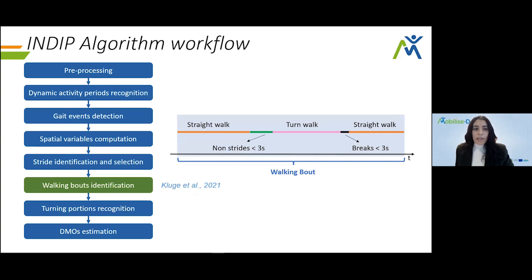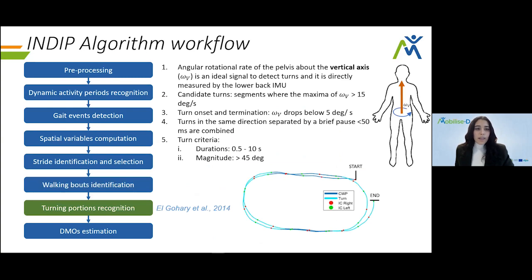Then we merge the sequences of right and left strides based on temporal correspondence to obtain the walking bouts. Inside the walking bouts, we also detect the curvilinear portion with the same algorithms used for the SP and the single sensor, which is the one from Helgoari.